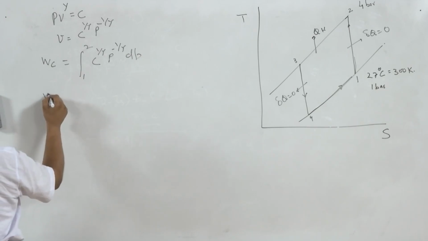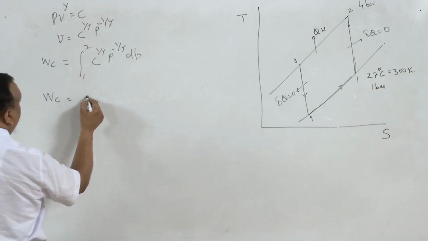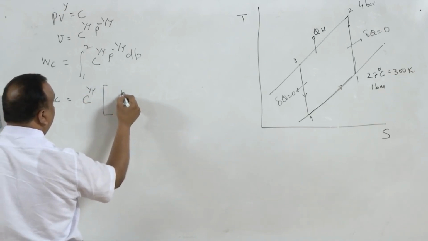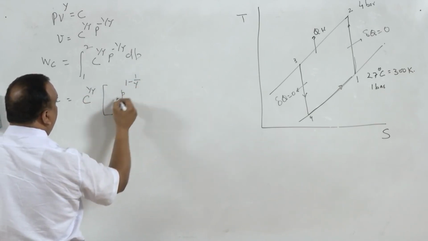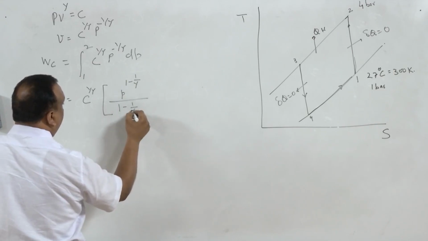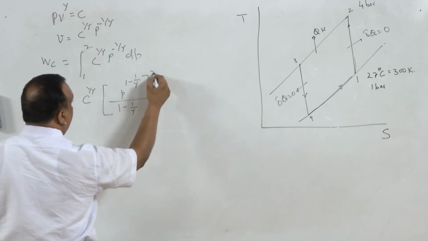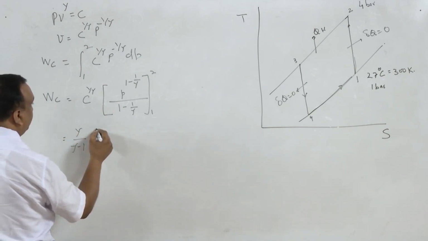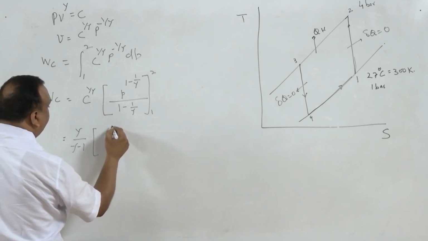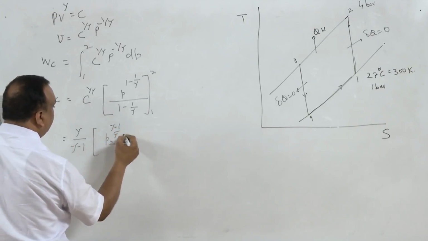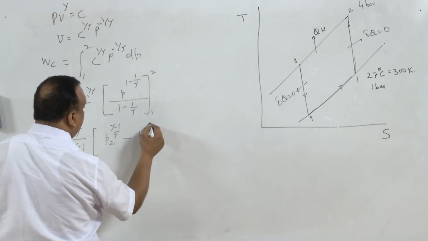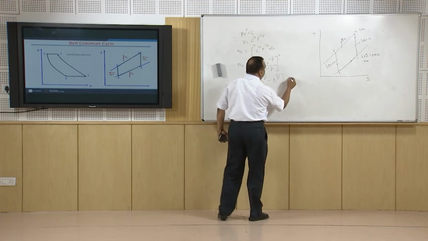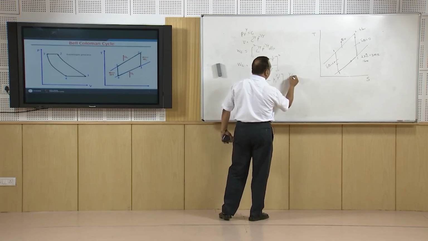Again, the work of the compressor is equal to C raised to power 1 by gamma, and if we integrate this, we will be getting P raised to power 1 minus 1 by gamma divided by 1 minus 1 by gamma, from 1 to 2, or gamma over gamma minus 1 times P2 raised to power gamma minus 1 over gamma minus P1 raised to power gamma minus 1 over gamma, multiplied by C raised to power 1 by gamma.